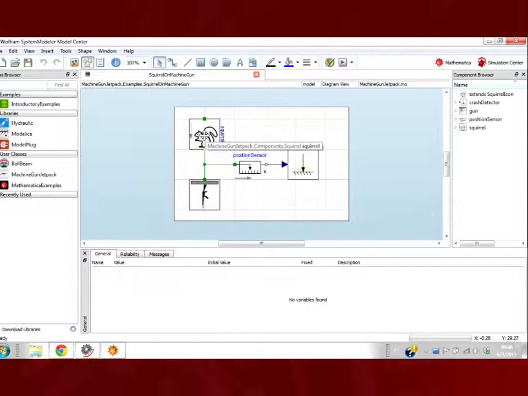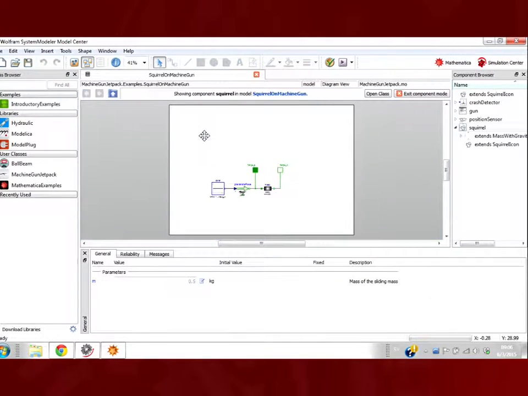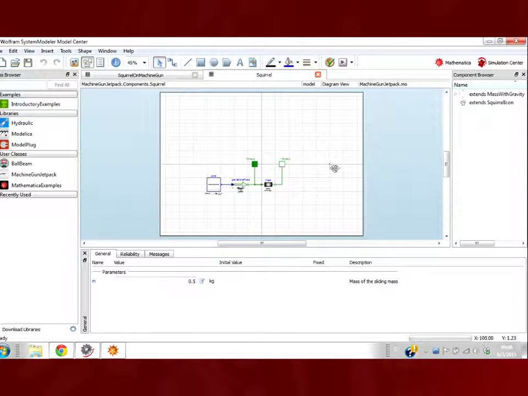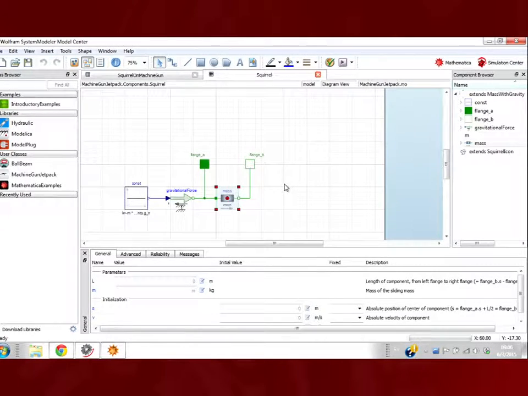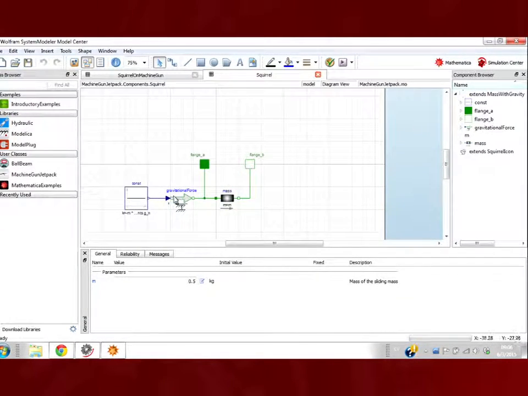So if I click into the squirrel, it doesn't exist, of course, in our set of libraries. But the model of a squirrel is really simplistic. Let's open it this way instead. It's just the mass corresponding to the mass of the squirrel and a gravitational force acting on it. So it's a very simple squirrel, can't really do anything.